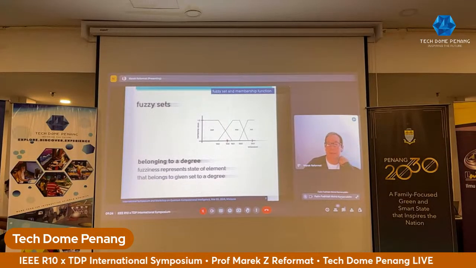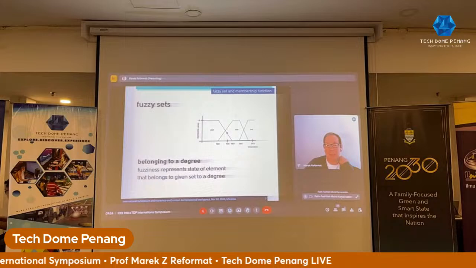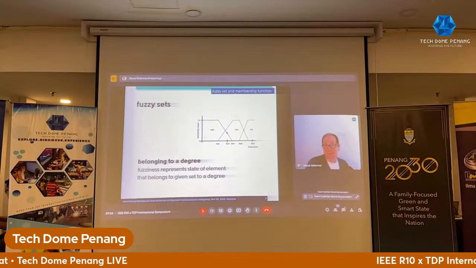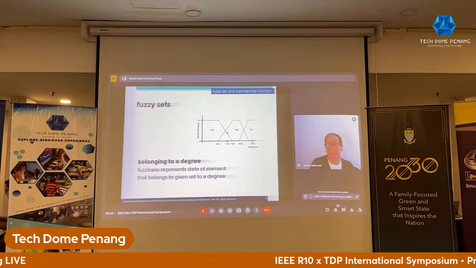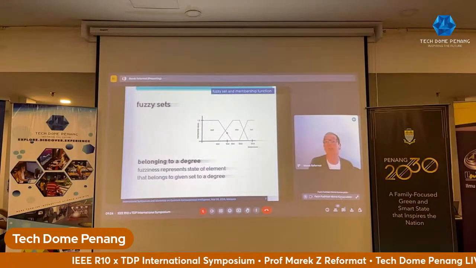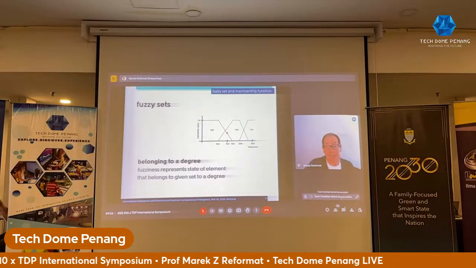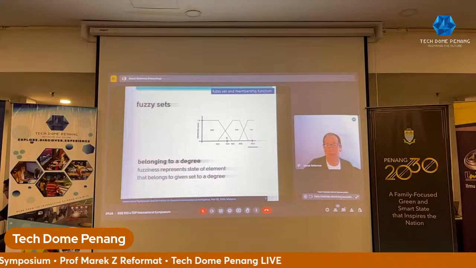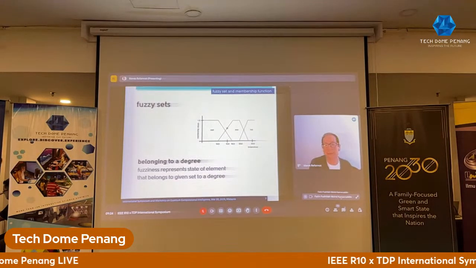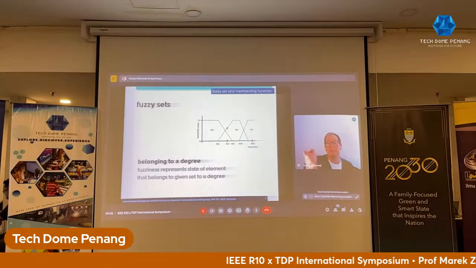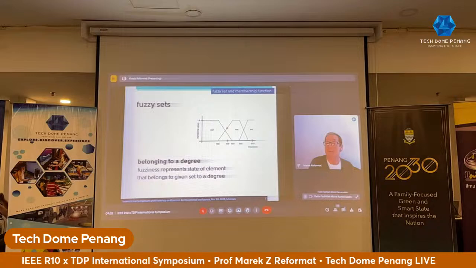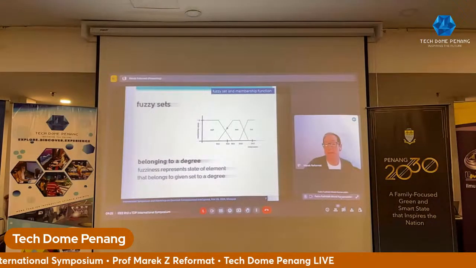If, for example, you take a temperature of 15 and look at this point here, which crosses with the decreasing line, it will indicate the degree to which this temperature belongs to cool. At the same time, for the same temperature 15, if you go across that vertical line, the percentage will be the shade representing the set nice, it belongs to the degree of membership.